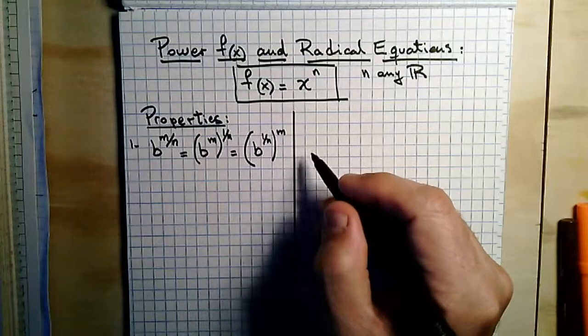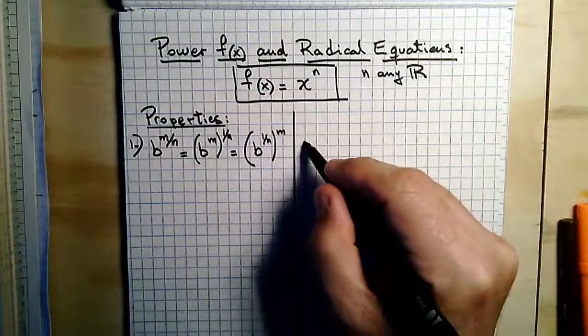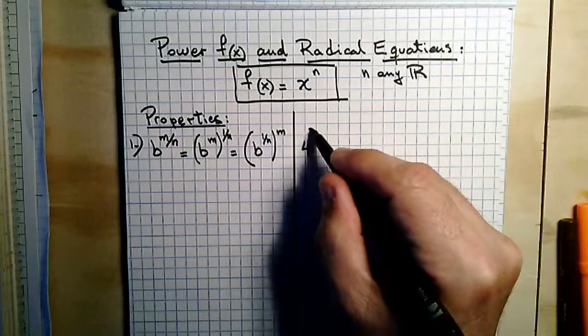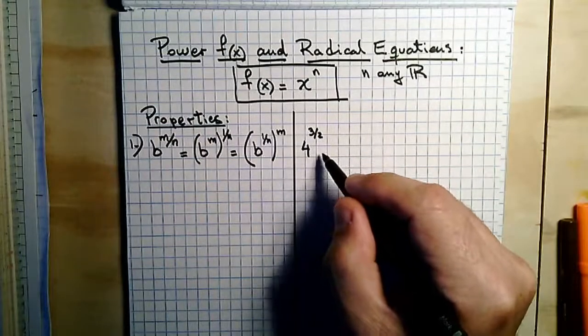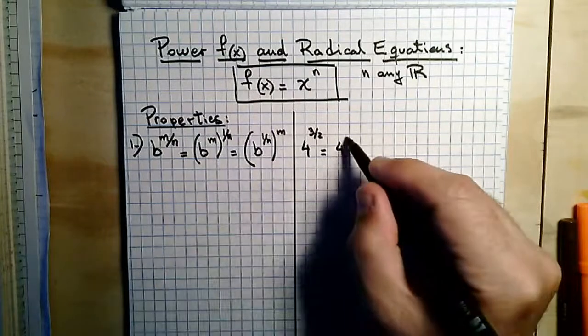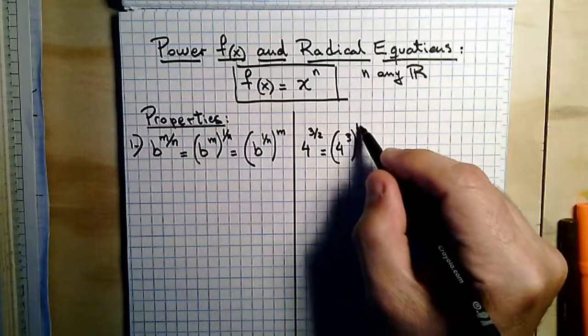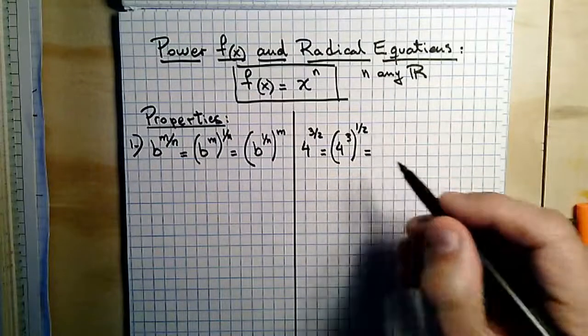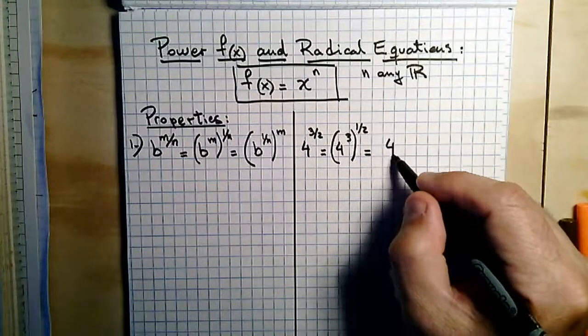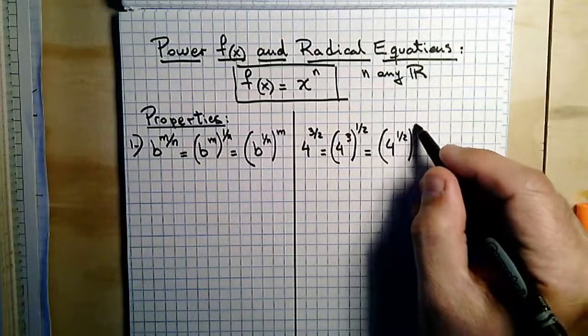So in a sample that we're going to see here, this is 4 to the power of 3 halves. So this is going to be 4, apply the first distribution here to the power of 3, and everything to the power of 1 half. Exactly the same, 4 to the 1 half, and this one is to the power of 3.